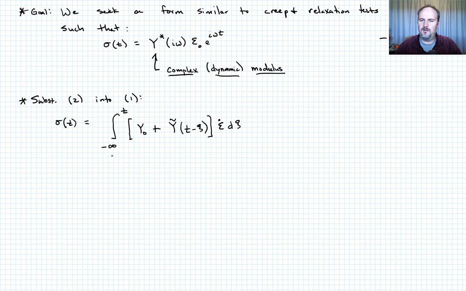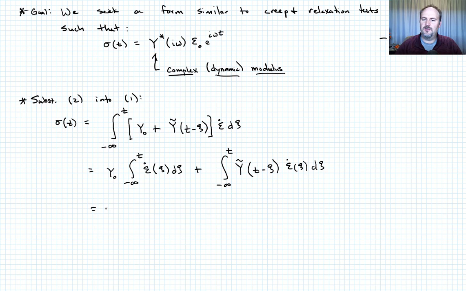Let's go ahead and now break out the integral into these two terms. This first term looks like Y naught times the integral from negative infinity to t of epsilon dot, which I'll remind you is a function of xi, d xi, plus the integral from negative infinity to t of Y tilde of t minus xi times epsilon dot, which is a function of xi, d xi. Okay? So let's continue down.